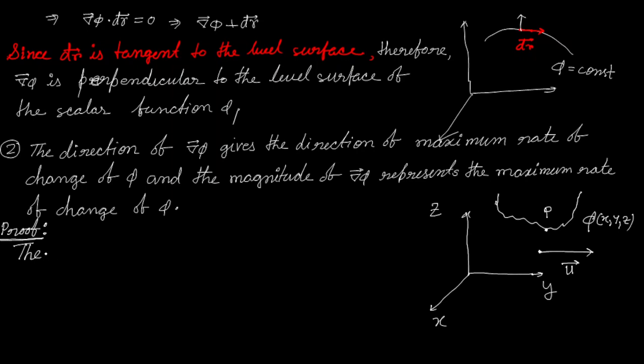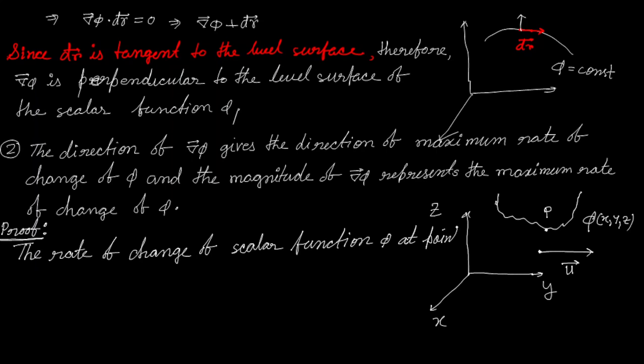For that, we write the rate of change of scalar function phi at point P along the direction of the u vector. The u vector is some arbitrary vector.